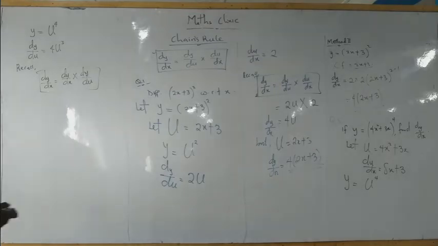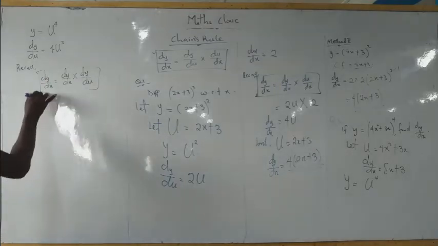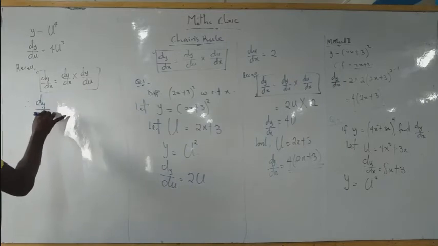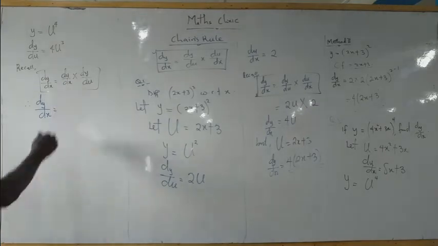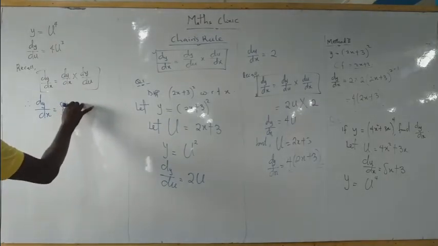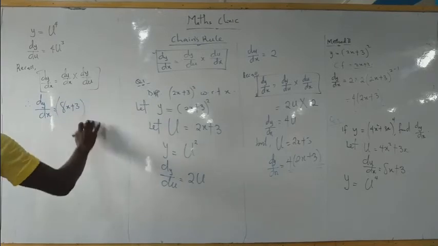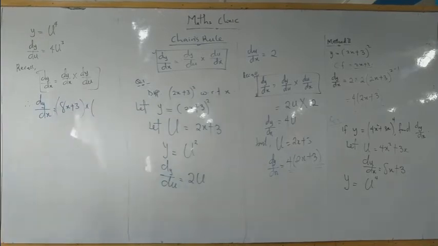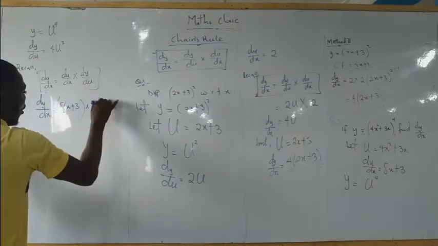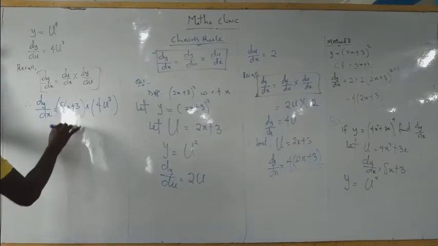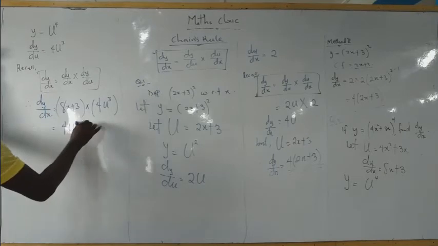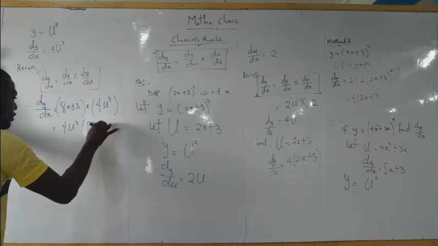So what's dy/dx? Therefore, dy upon dx equals du/dx, which is 8x plus 3, times dy/du. What's dy/du? dy/du is 4u cubed, that's 4u raised to power 3. So that becomes 4u cubed into bracket 8x plus 3.